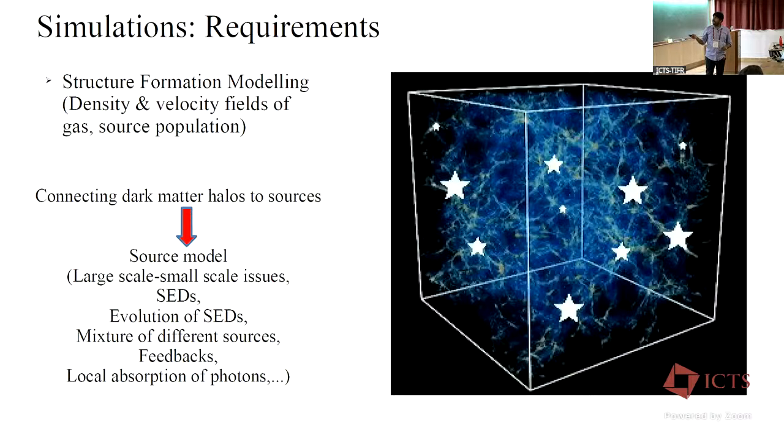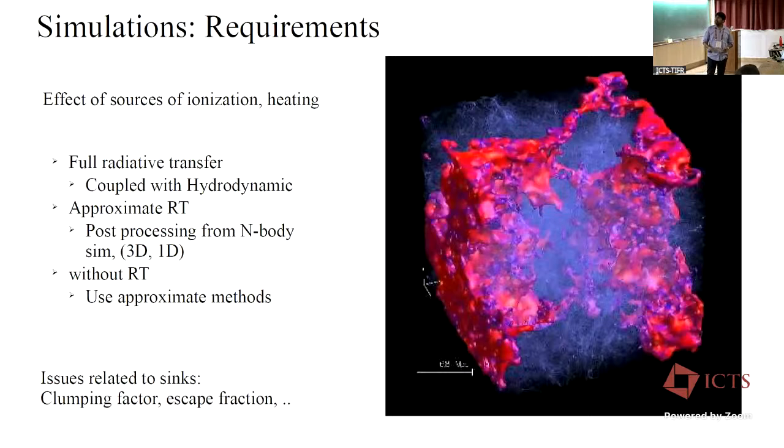We previously had a dark matter halo, and at that particular location, inside that dark matter halo, what type of source had formed? For that prescription, we need something that is known as a source model. That will basically connect the dark matter halo to source emissivity, emissivity of UV photons, etc., and this radiation from the source will eventually create an ionized region like this.